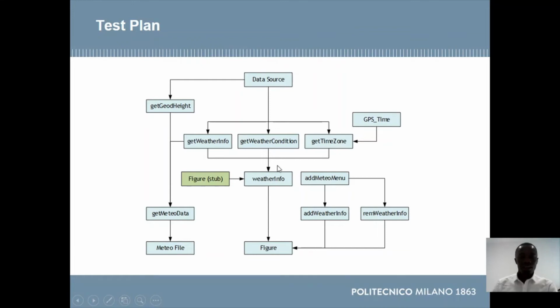And then these data are passed on to the weather info method for testing of that method. And the weather info method displays the data on the plots of GoGPS.